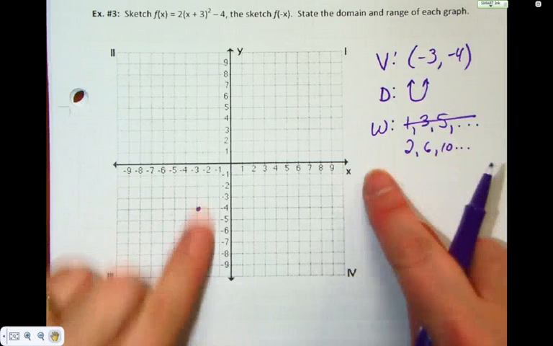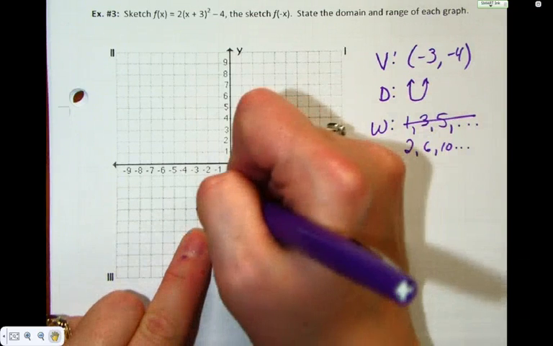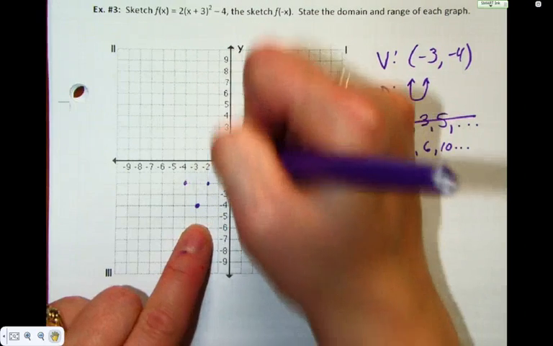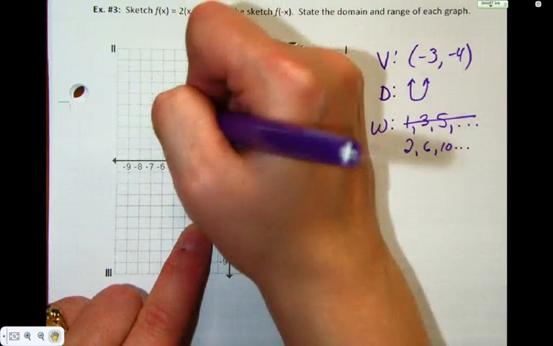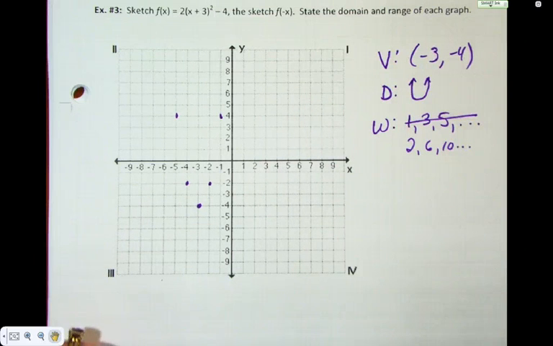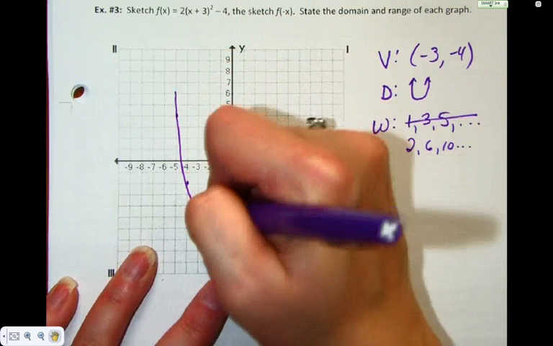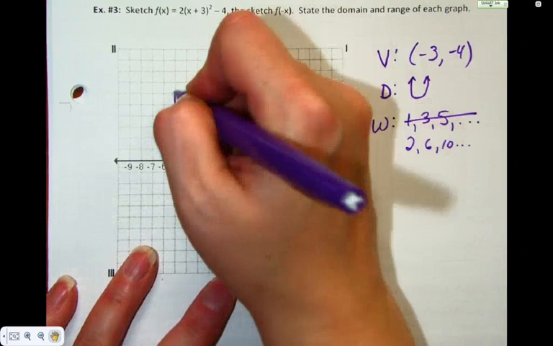Next we use the width, so we're going to count over 1, up 2 on each side. And then over 1, up 6 on each side. And if we had the room, we'd go over 1, up 10, which we don't have the room. And so there's our parabola.